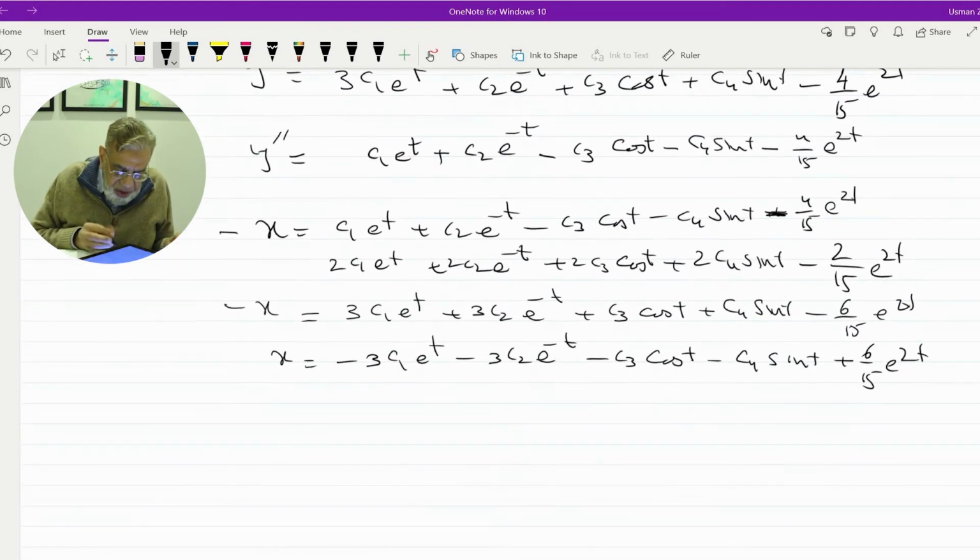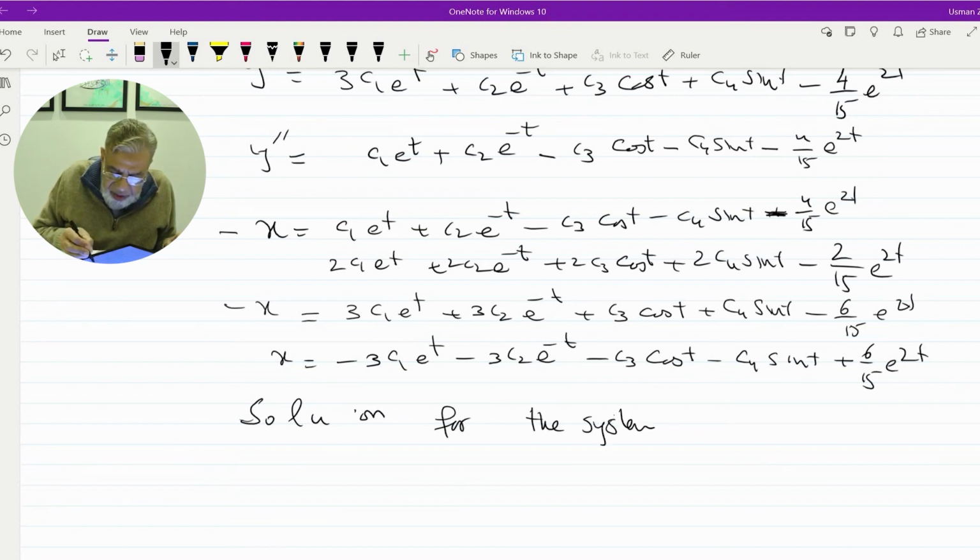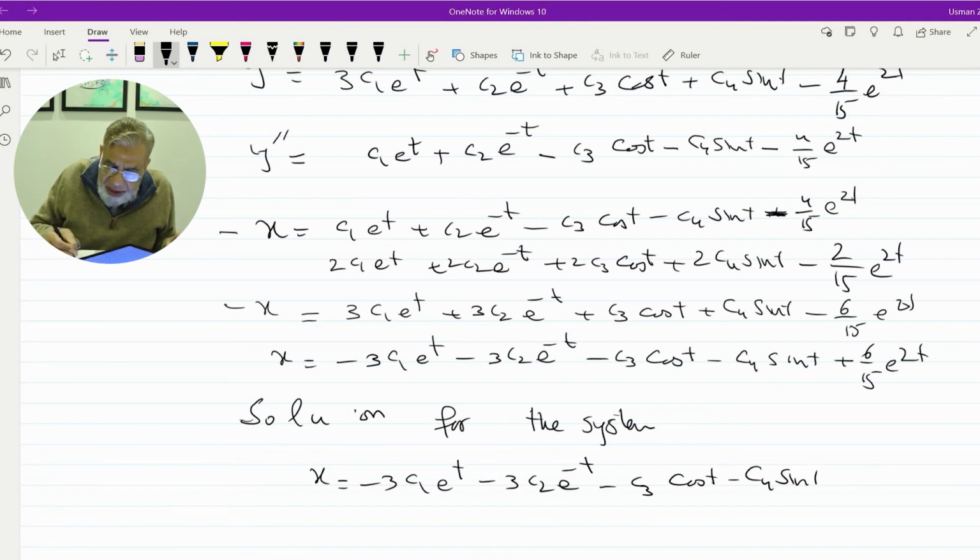So the solution of my system, I write here the value for x and y. Solution for the system of differential equations: my x is equal to minus 3 c1 e to the power t minus 3 c2 e to the power minus t minus c3 cosine t minus c4 sine t plus 6 by 15 e to the power 2t, and I have the value of y.